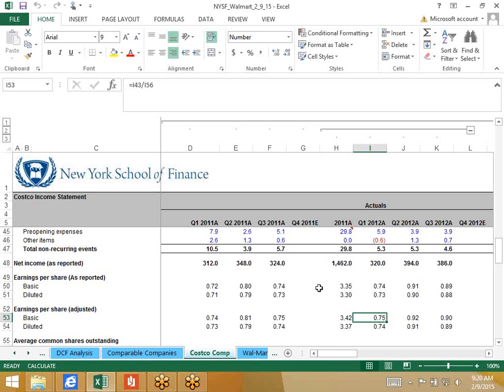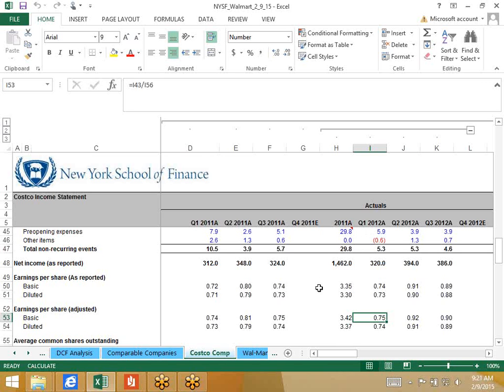Well, you'd simply take the year-end data and you would add the first 2 quarters, right? But that's going to give you 18 months of data, right? 12 plus 3 plus 3. So in order to get data that's equivalent to 12 months, you then need to subtract from this the prior year's Q1 and the prior year's Q2.